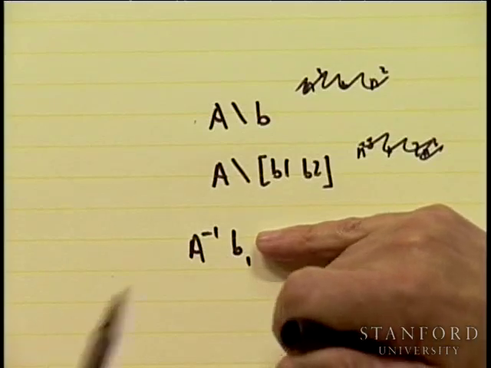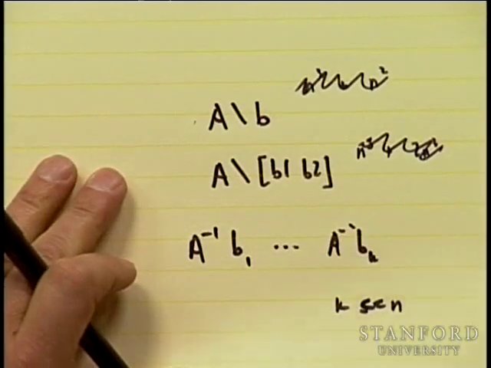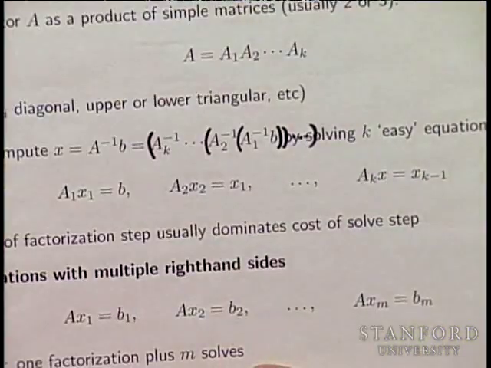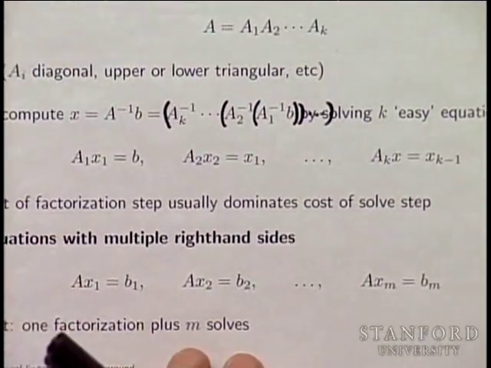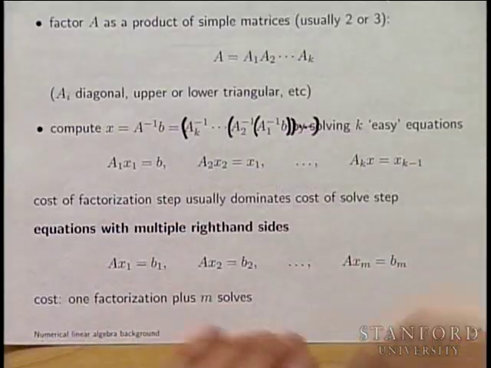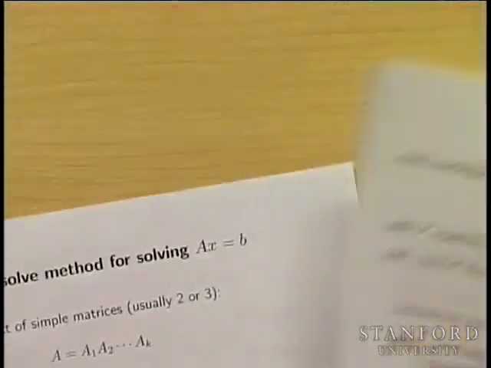It's weird. These are not obvious things, and I think a lot of people don't know them, which doesn't make any sense. So the cost of multiple solves is one factorization plus m solves. Okay, we'll get to that.